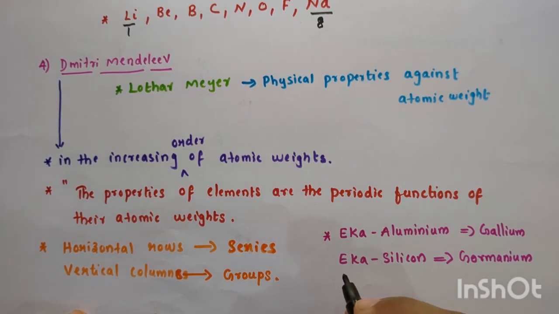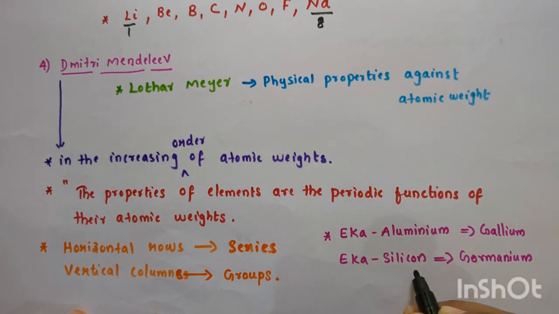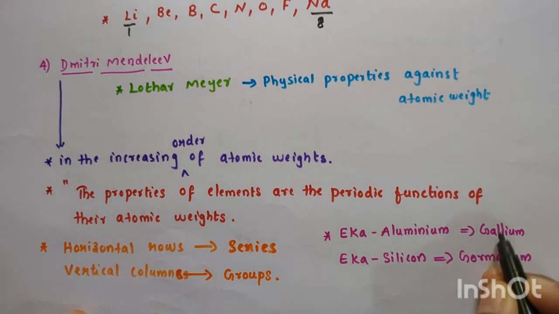He predicted not only the existence of gallium and germanium, but also described some of their general physical properties. These elements were discovered later and it was found that Mendeleev's predictions were correct.